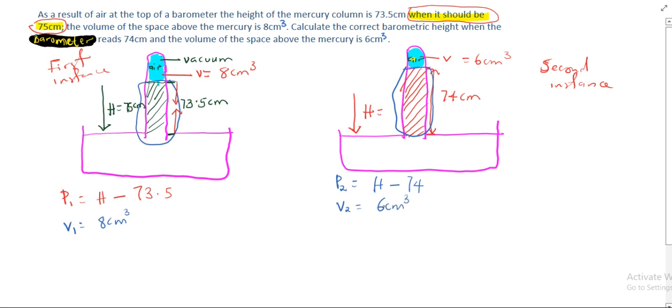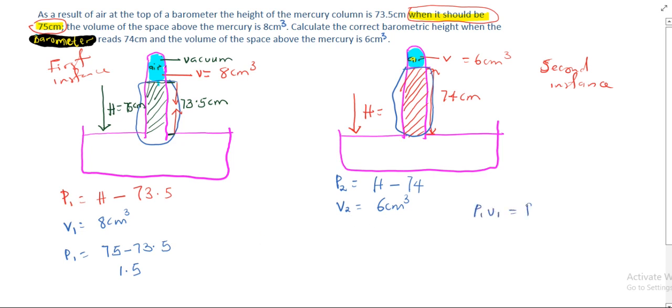For P1, because we are given the atmospheric pressure here as 75, we have 75 minus 73.5, and this gives us 1.5.